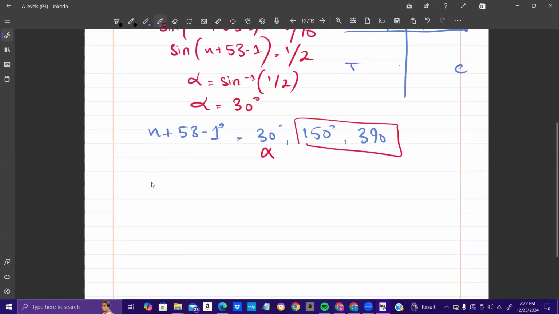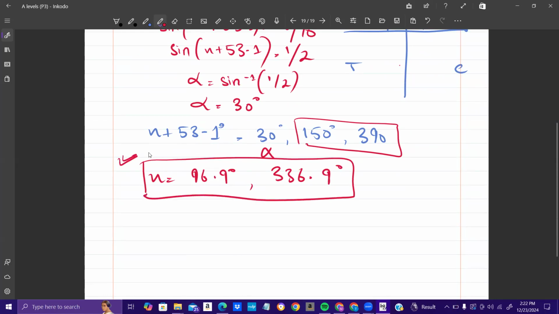So now we're going to solve for it. x is 150 minus 53.1, which is 96.9 degrees, and 390 minus 53.1, which is 336.9 degrees. All right, this is our answer.